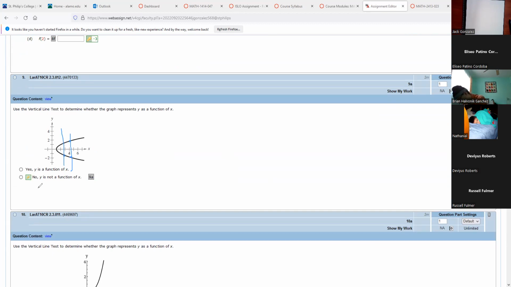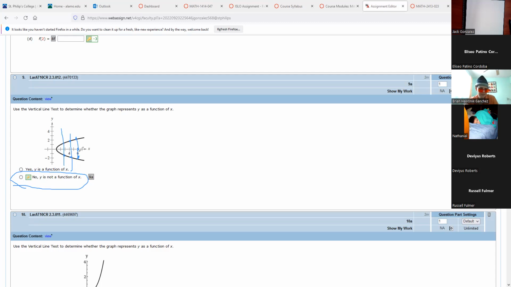So because of that, it is not a function. That violates the definition we talked about. We said that every input should only have one output. But this number you can see right there, number 6, is going to 2 different spots. So that's a problem. Does that make sense?